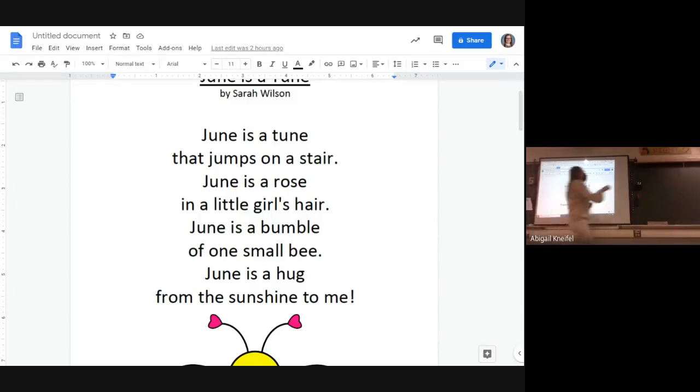So our next line should start with what? If we are repeating the poem, we have June is a blank. If we were continuing with this pattern, how should our next line begin, Jackie? June is.